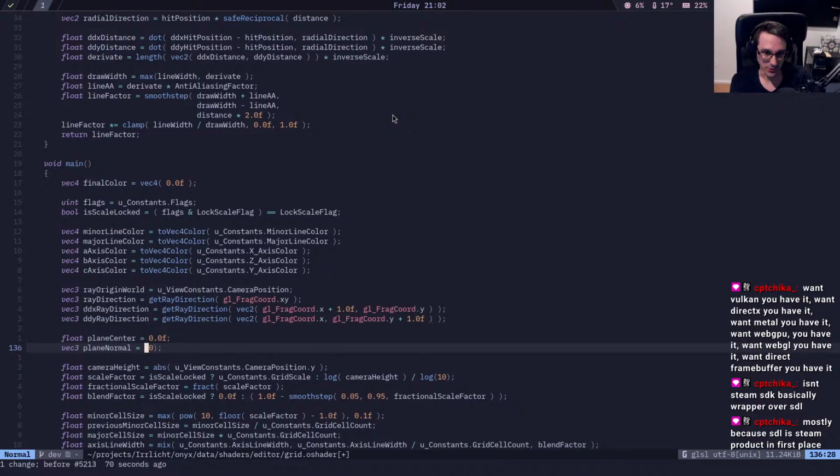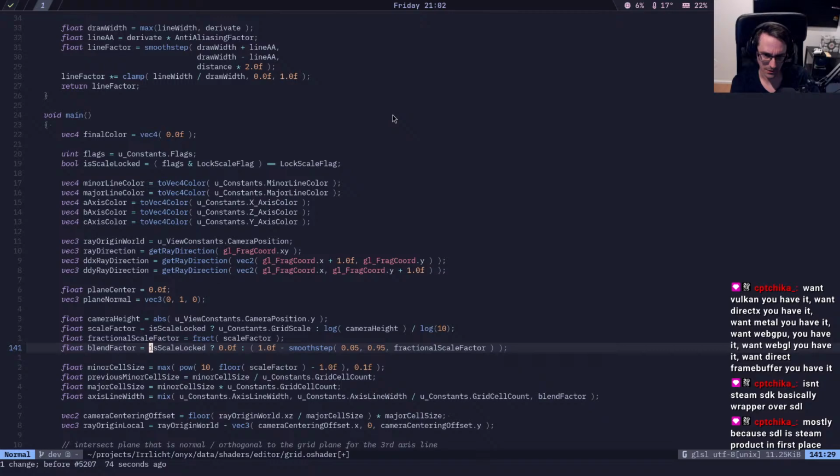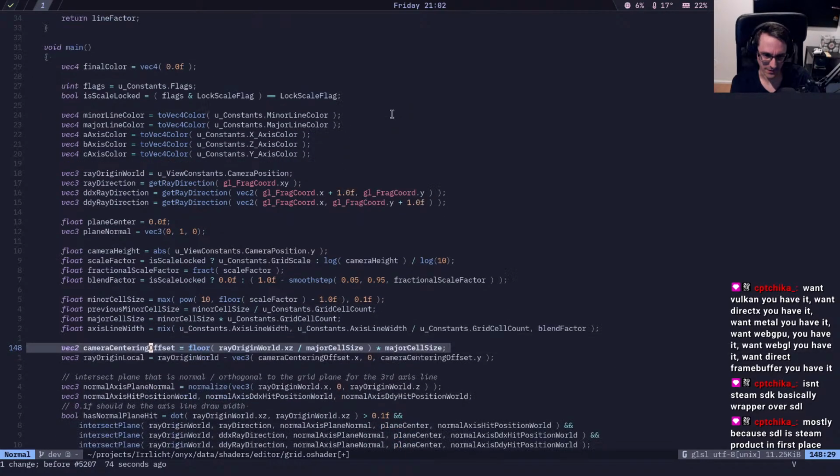I guess I could do inverse rotation here, right? I could inversely rotate those and this. And probably this then as well. Well, yeah.